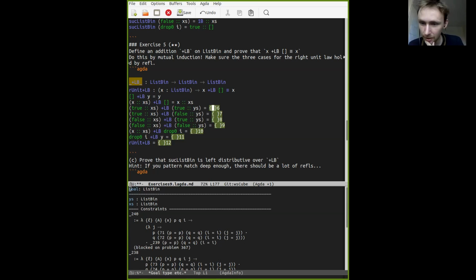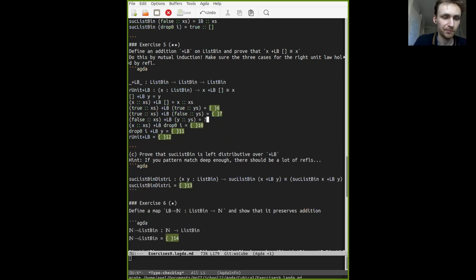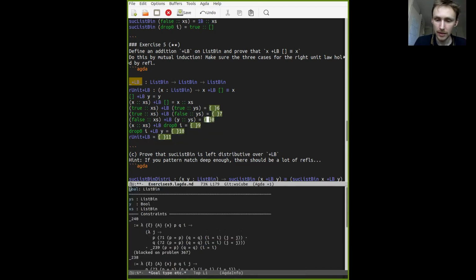You don't need to split y if x equals 0. That is probably very true. Let's not do this. Okay, let's see what happens. I think you do actually. Don't you?